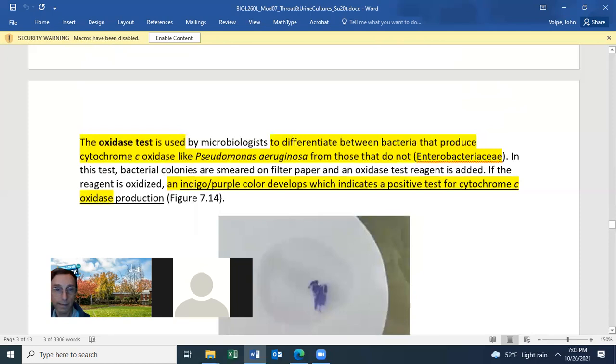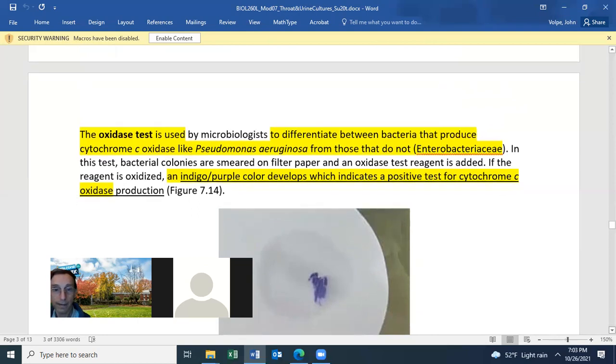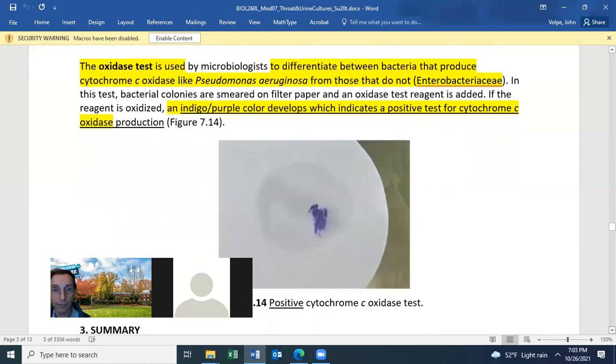So the oxidase test is used to differentiate the Pseudomonas from the family Enterobacteriaceae. The oxidase test has reagents in it and it'll turn purple in the presence of oxidase. So this is oxidase positive. And this region over here would be oxidase negative.